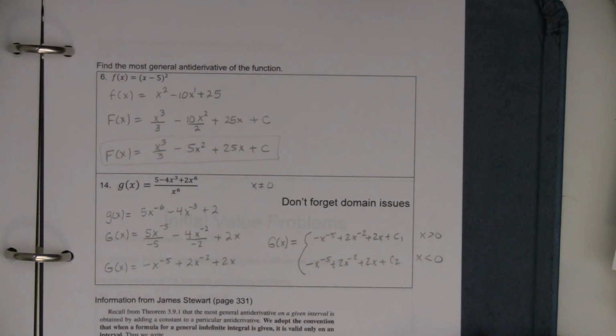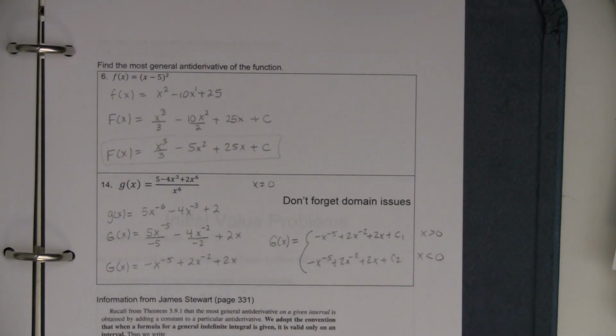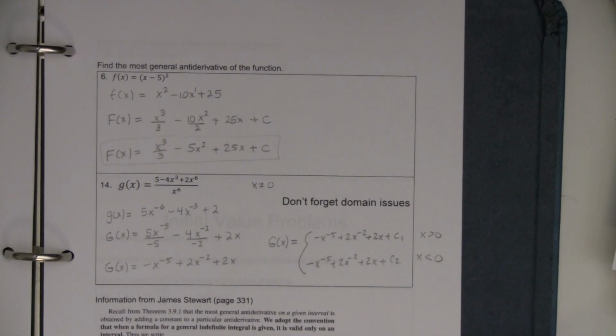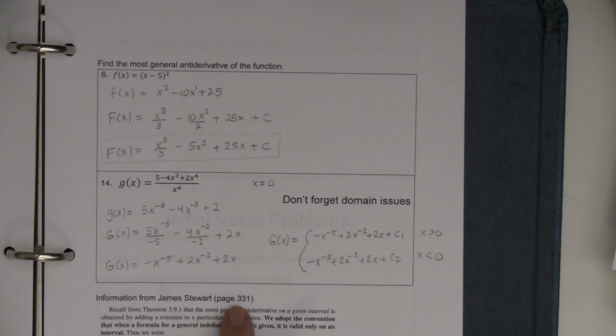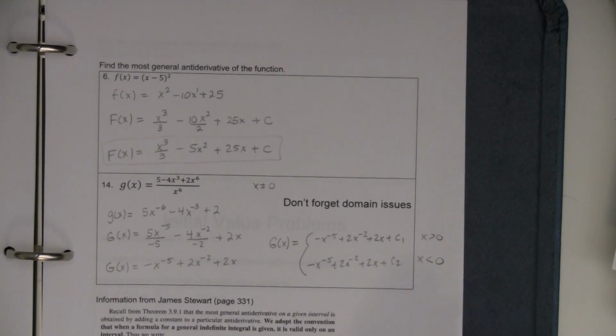I asked Arnie Stewart, and he said he probably should be consistent on the whole thing. And there's some information on page 331 with the author talking about the two pieces and calling it C1 and C2. So if you'd like to go read that in your textbook, you certainly can.